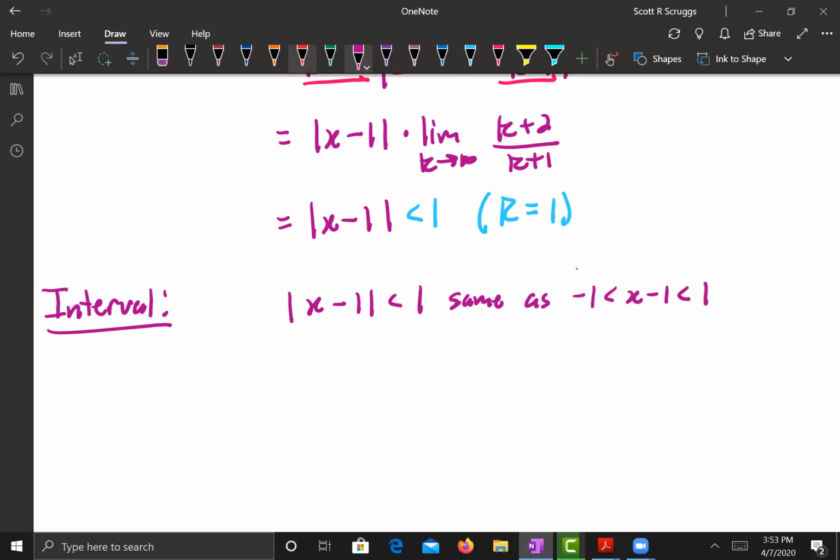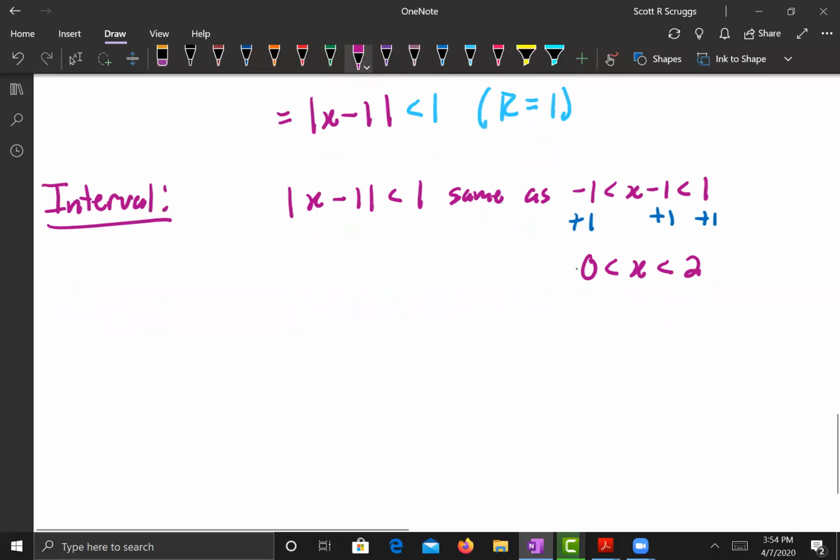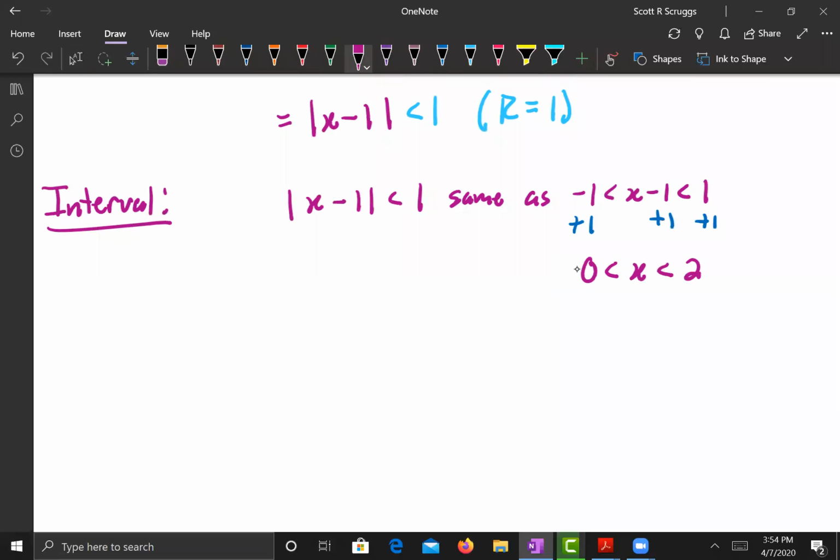And then my next step is add 1 to everything in that to give me 0 less than x less than 2. Which means so far my interval is going to be between 0 and 2. But now I need to check for endpoints.